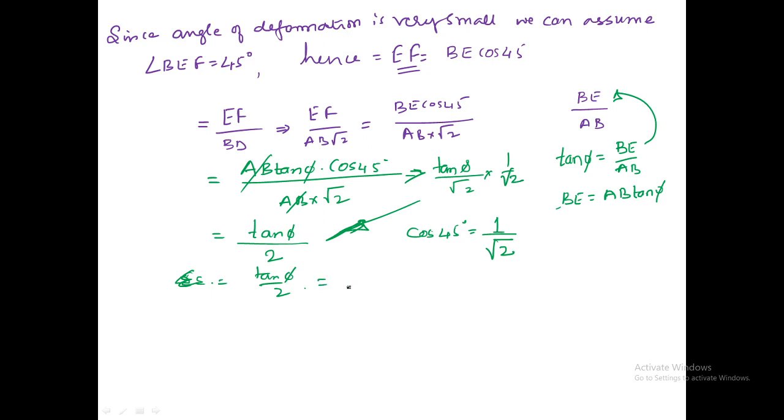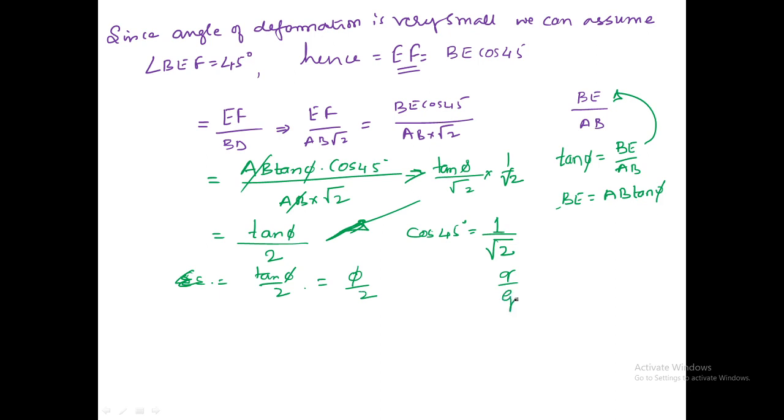Okay, right. So if you consider the deflection or deformation to be very small, you can say this is equal to phi by 2. Now what is the shear stress or shear strain relation?